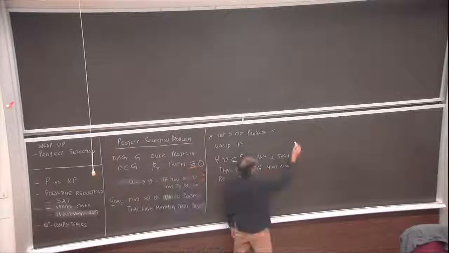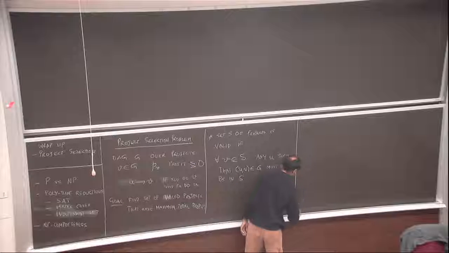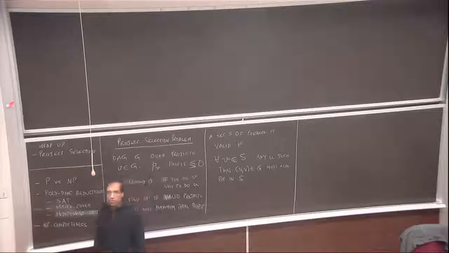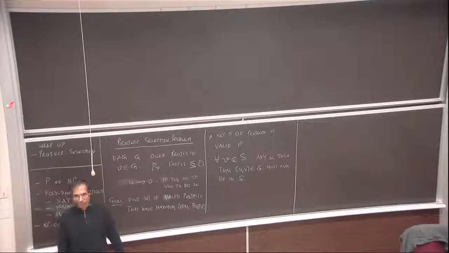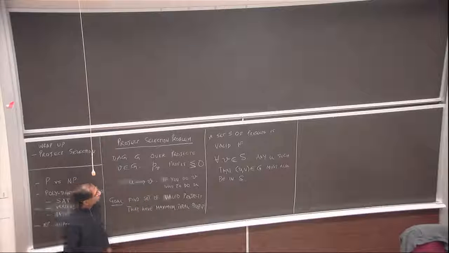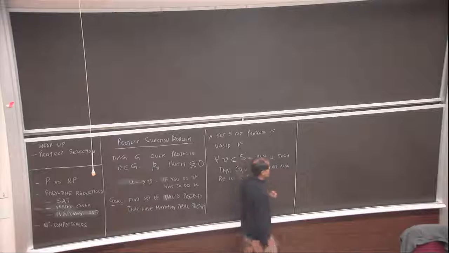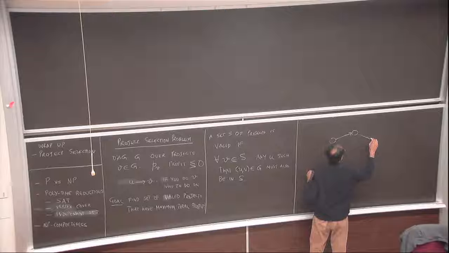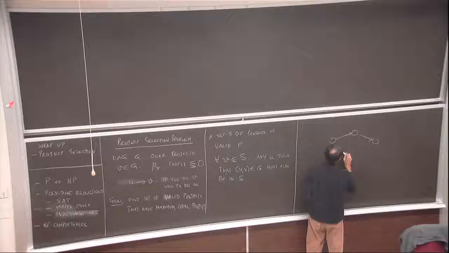Okay, so the way we are going to solve this is using network flow. And the way we tried to do it is we formulated a flow problem. So let me just remind you of the flow problem. You write the DAG, the graph that is given to you.